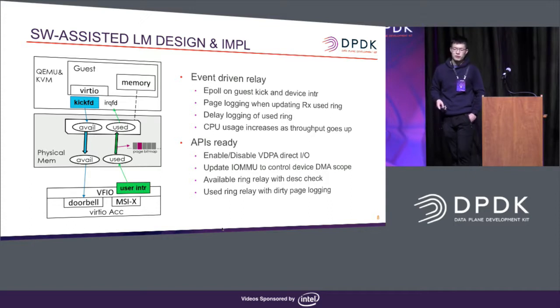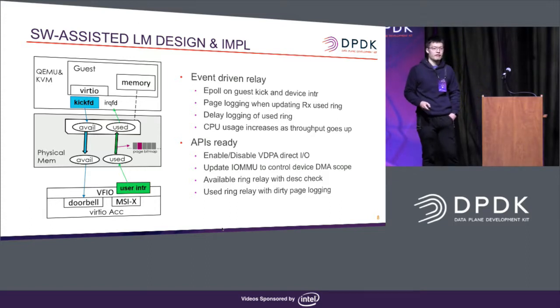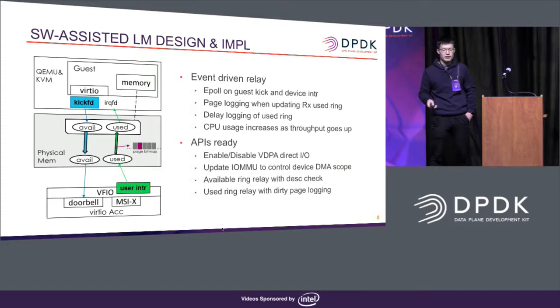Now we have APIs to enable or disable the vDPA direct I/O mode. And we also have an API to update the I/O memory table to control the device DMA scope. As you can see in the diagram, now we need to add an intermediate vring into the device DMA scope.